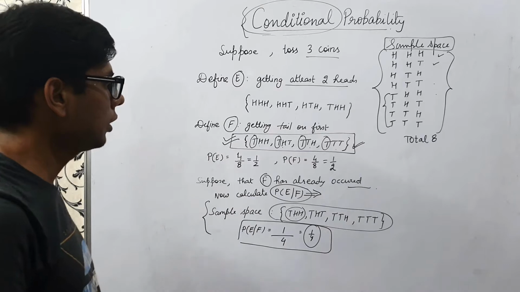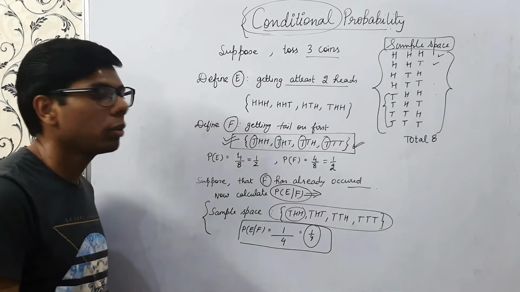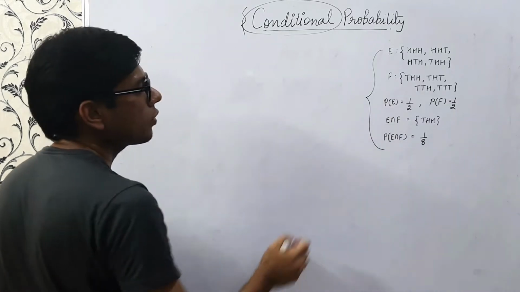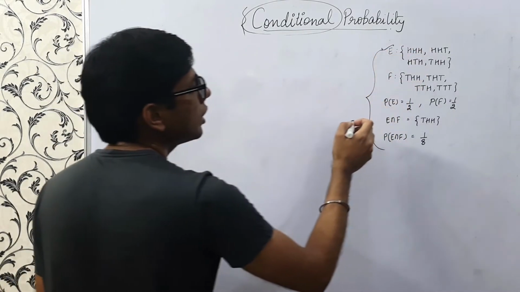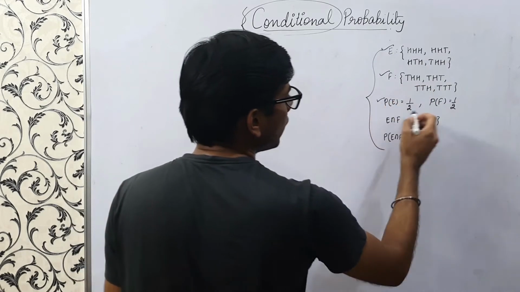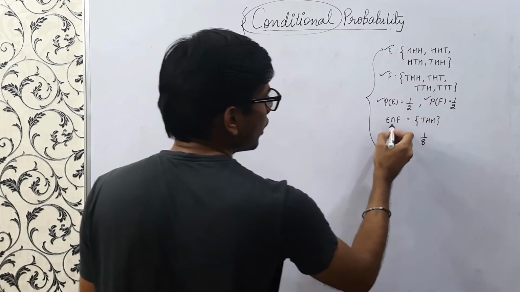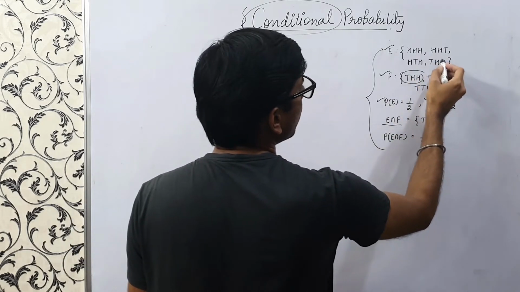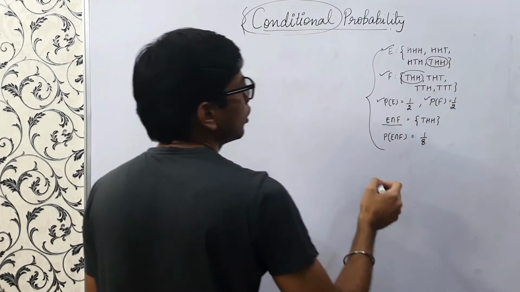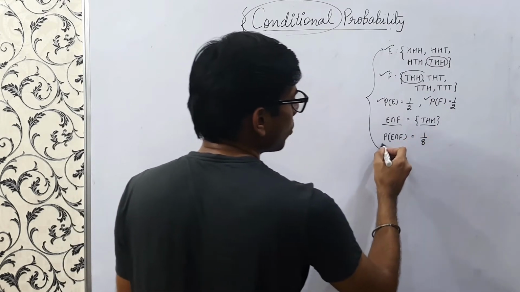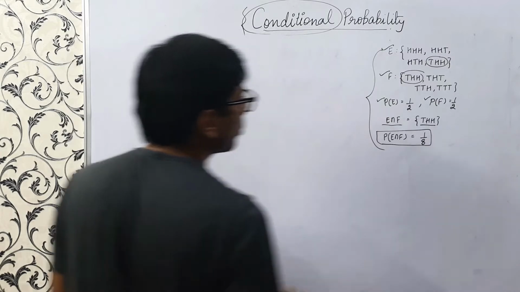Now we'll see the formula for the probability of E given F. Till now we have considered these facts. Event E is at least 2 heads, event F is tail on the first toss. We calculated probability of E as half, probability of F as half. E intersection F is what is common in both the sets, which is THH, so the probability of E intersection F is 1 by 8.